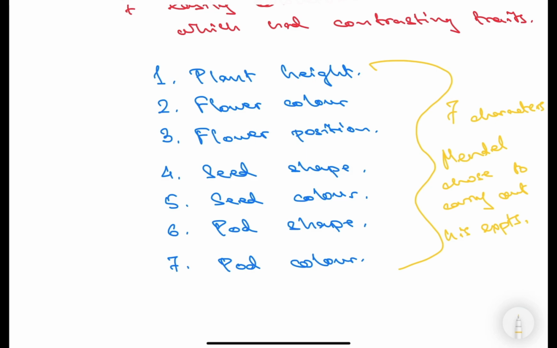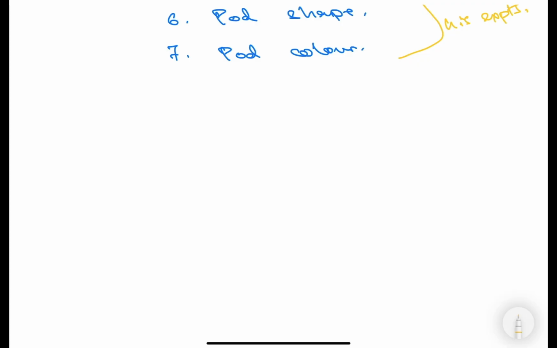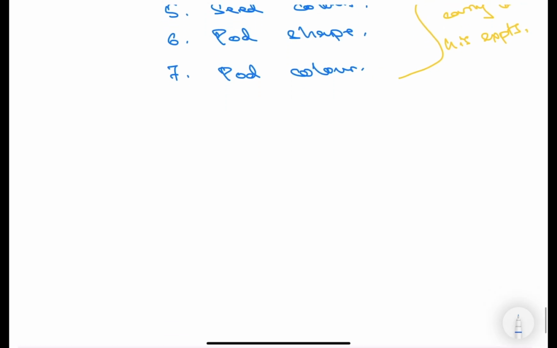One thing you must keep in mind is that Mendel did not name these genes. He used to refer to them as factors. He proposed that these factors are the discrete units of heredity that are passed from parents to offspring, and they determine the specific traits, and they exist in pairs within an individual.